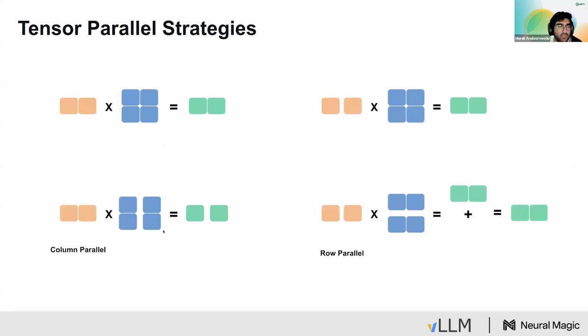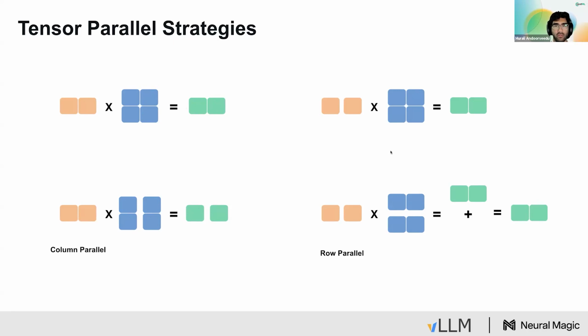So what we're really doing with column parallel is we're splitting the second matrix along its columns. And then when we compute it, you can see that we get 2 pieces of the resulting vector, right? And so these 2 pieces can just be concatenated, and that's how we can recover the first result that we have here.